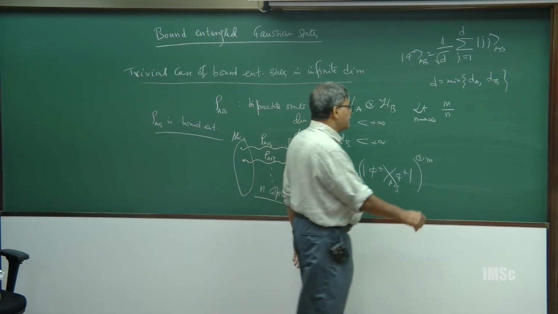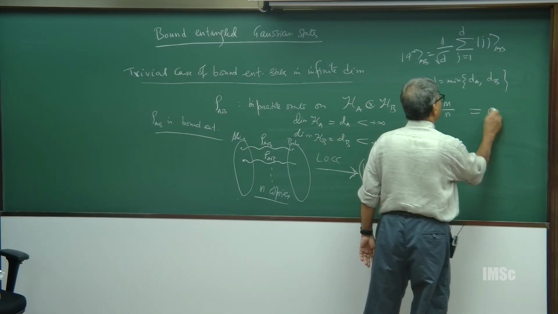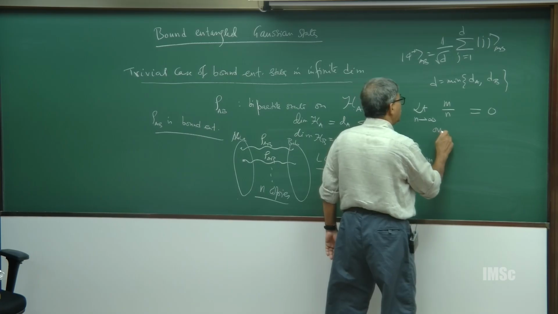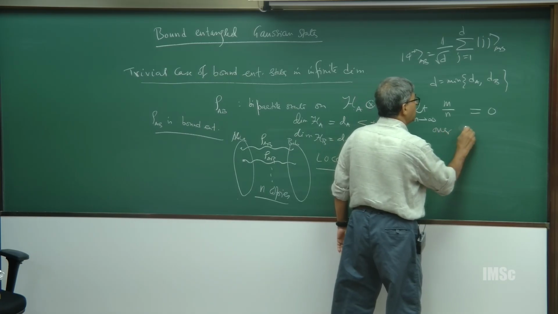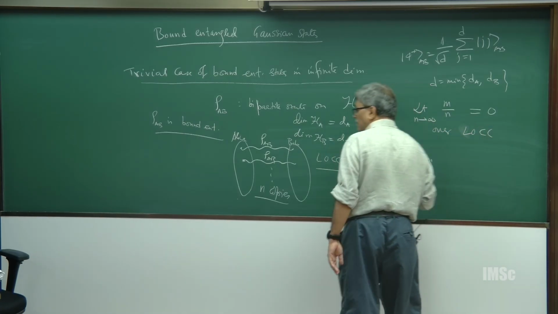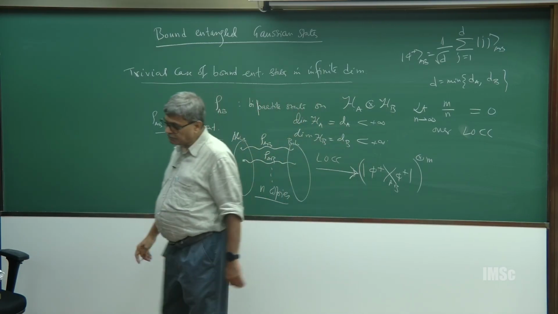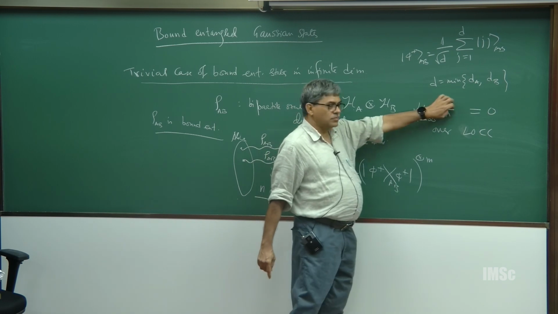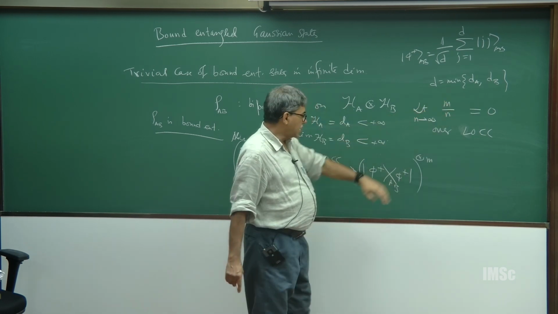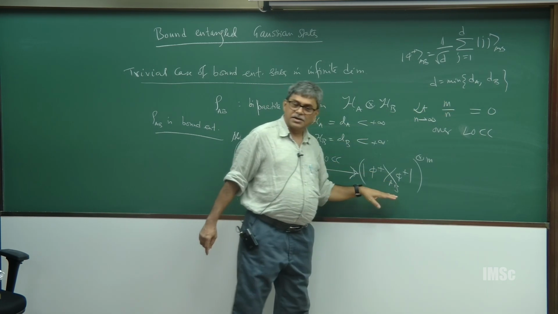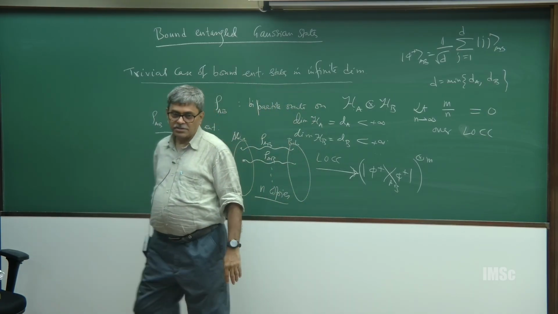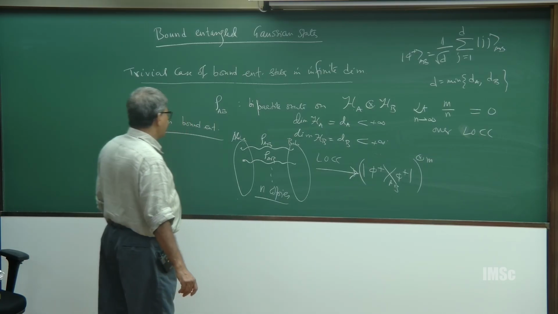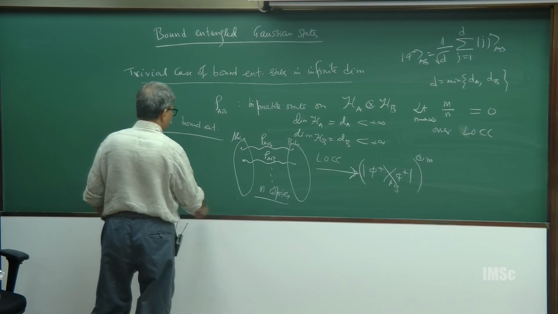So, if it turns out that this is 0, over all LOCC, whatever you choose, it does not matter. Okay. So, it means that this m should be 0, you cannot have even a single copy of this maximally entangled state. Okay. So, then we say that this is a bound entangled state.